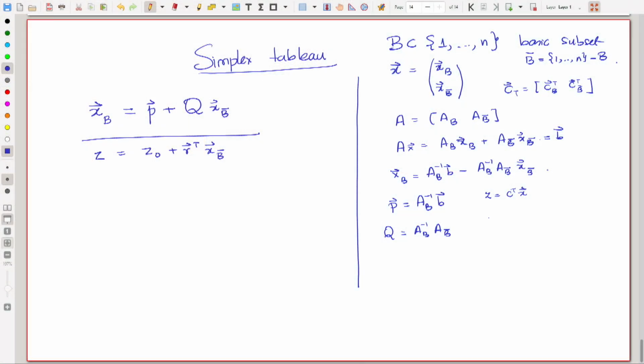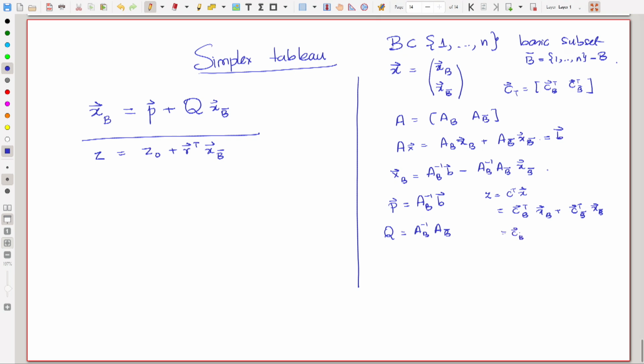So, now what is R? Okay, what is Z0? So, this is C t b x b plus C t b bar x b bar, right. And now we have to just remove this x b and put in x b bar. So, we know how to do that.